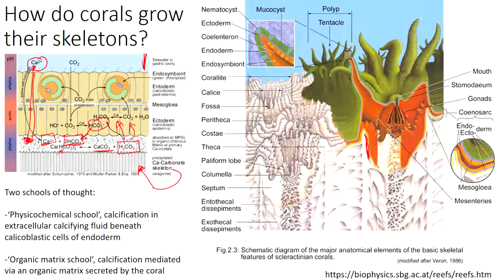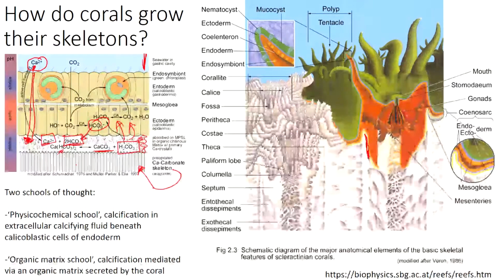I guess there's one school of thought that the corals secrete an organic template. So there's a little layer of organic goo, represented in this diagram by these little squiggles here, and it's that organic template that determines the shape of the crystals that form, and therefore the shape of the coral.